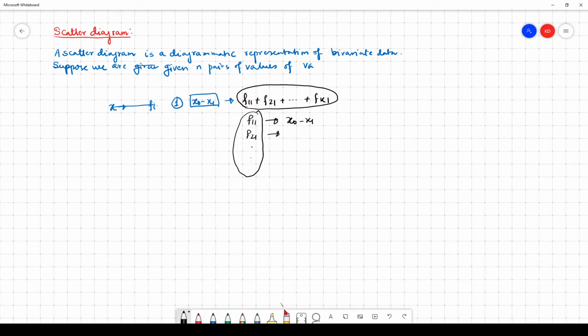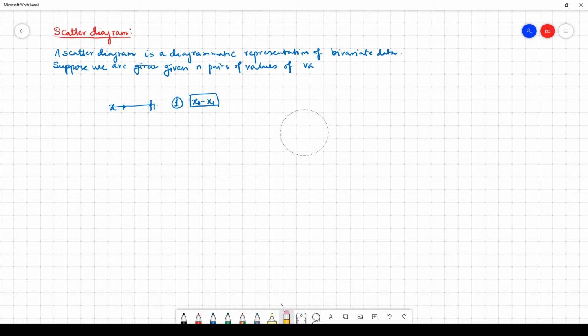I think it is better to write generally, that will help you much. So I consider the frequency corresponding to yj minus 1 to yj, that is the jth class of y.